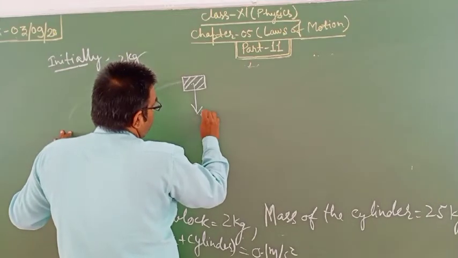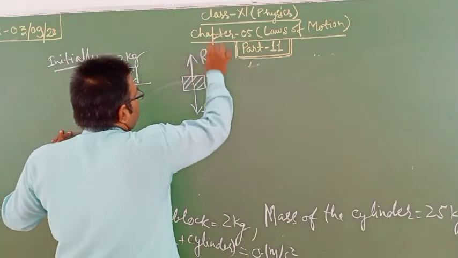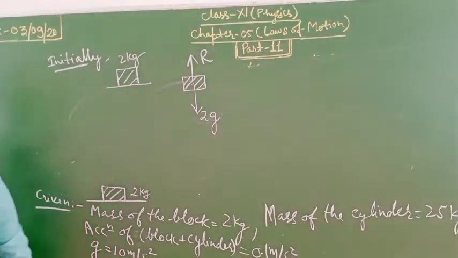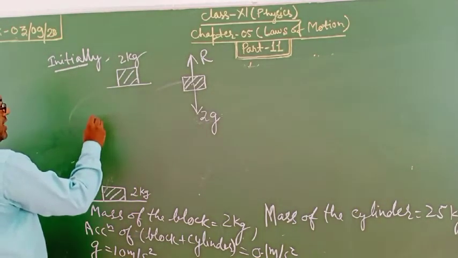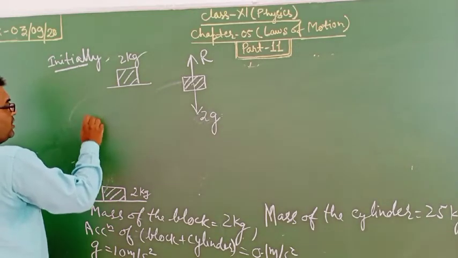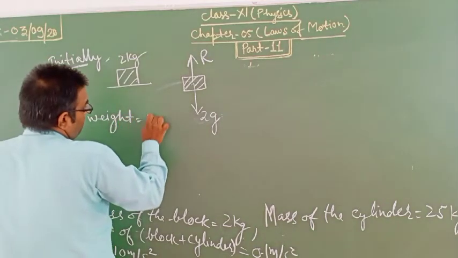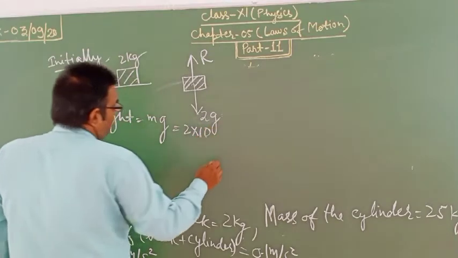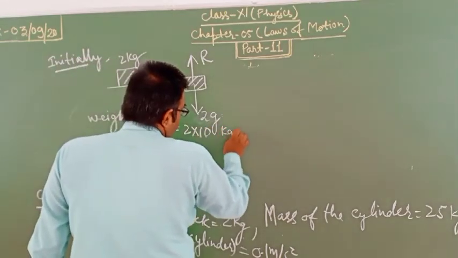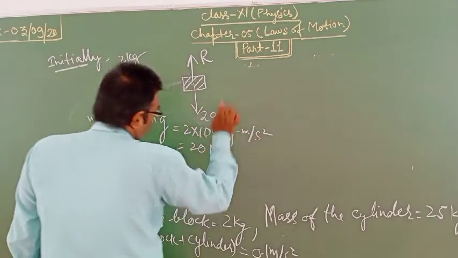So you will get the weight mg, that is 2 into g, and there is the normal reaction by Newton's third law. Initially there is no acceleration. So weight is equal to m into g, which is 2 into 10 kg meter per second square, that is 20 Newton.